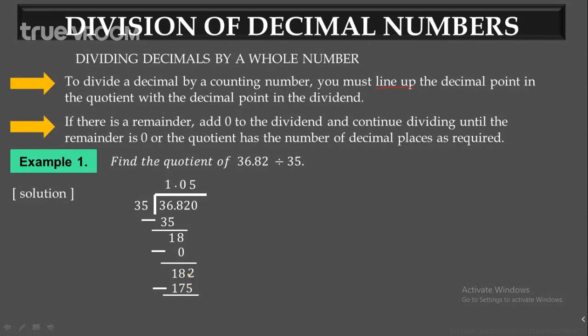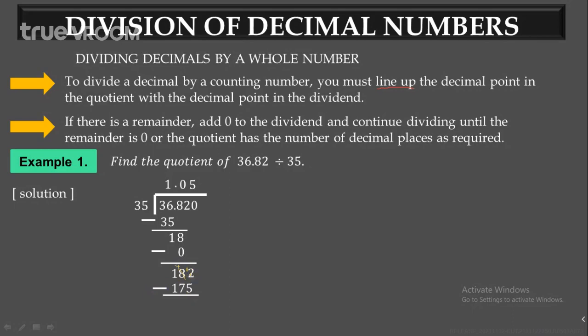This cannot be, so you need to borrow. This will become 12. This will become 7. So what is 12 minus 5? 7. You understand this one?